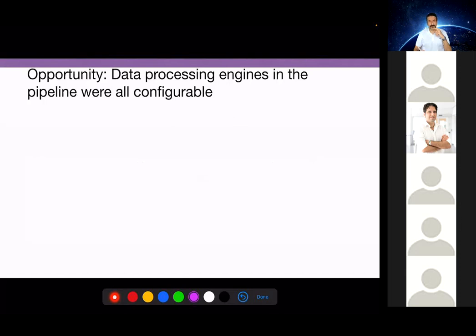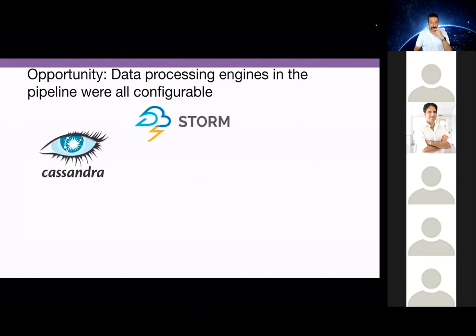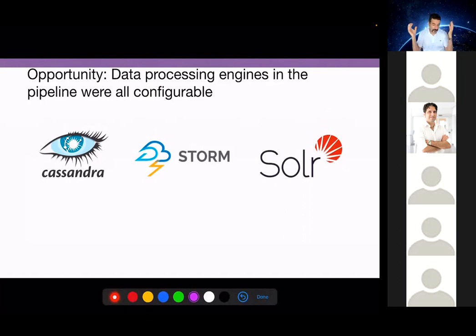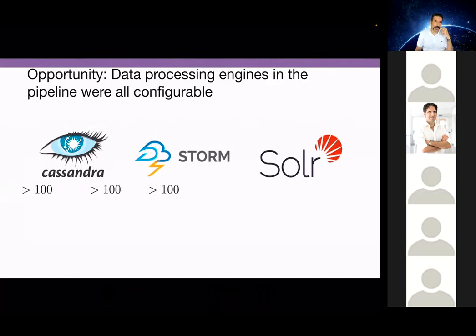Let's look at the opportunities we have here. We had Apache Cassandra in the pipeline. We also had Storm, and we had Apache Solr. These were the three engines in the pipeline that we discussed. We know that all of these are configurable.